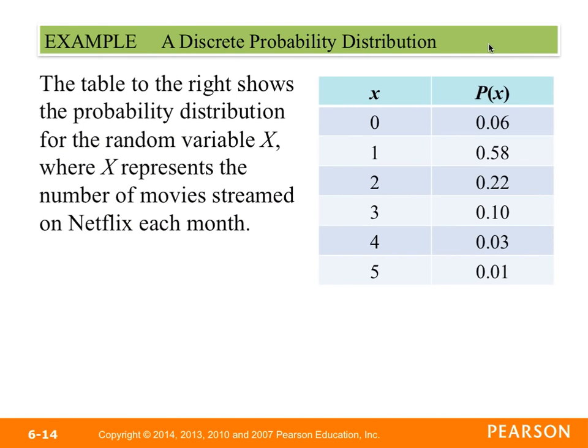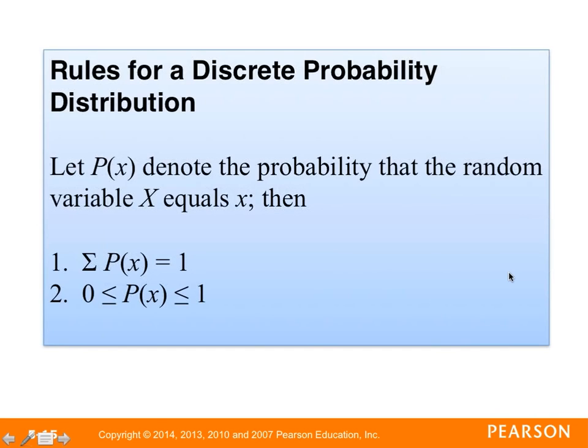The table to the right shows the probability distribution for the random variable x, where x represents the number of movies streamed on Netflix each month. We have values 0, 1, 2, 3, 4, and 5, and we have probabilities of 0.06 or 6%, 0.58 or 58%, 0.22, 0.10, 0.03, and 0.01.